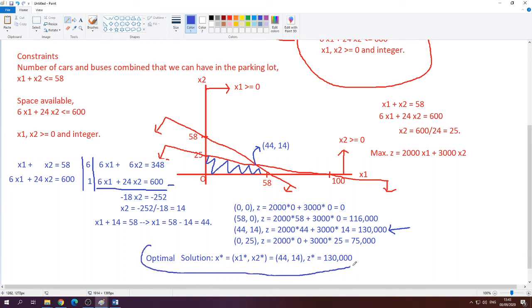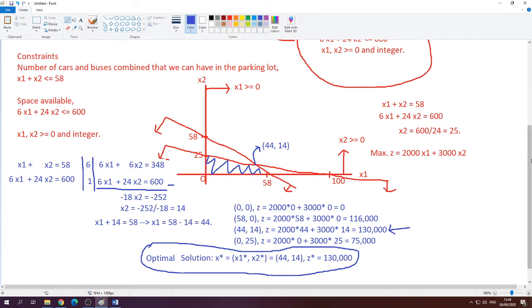Okay, and for this problem, the highest amount of money that we can get is 130,000, and in order to get that, we need to park 44 cars and 14 buses.